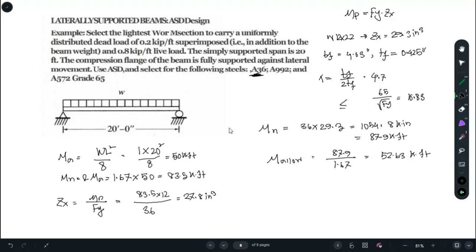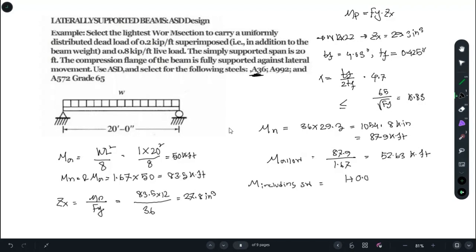Now the section has a unit weight of 22 pounds per feet. We'll check if we consider the self weight of 22 pounds per feet, will that be satisfying? The moment including self weight will be, we had a previous moment of 50 and we now have 22 pounds per feet.